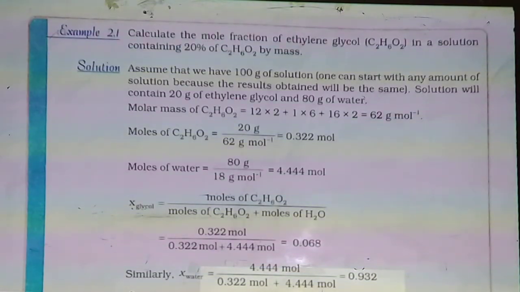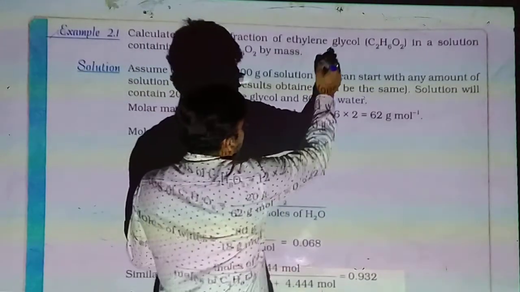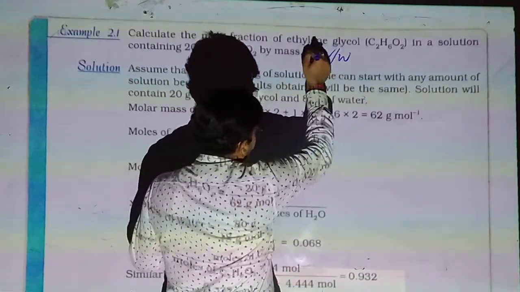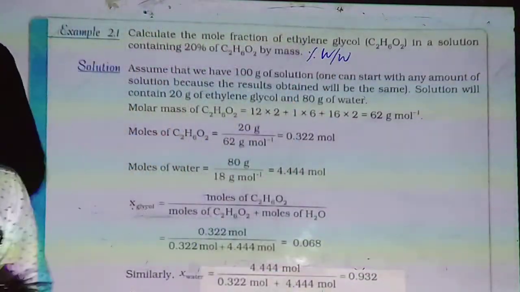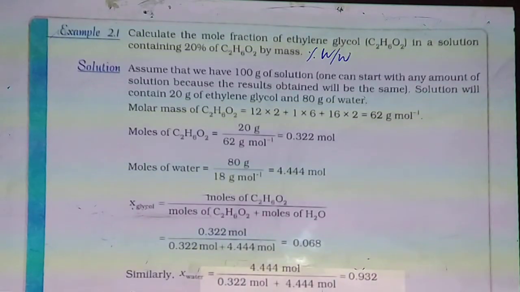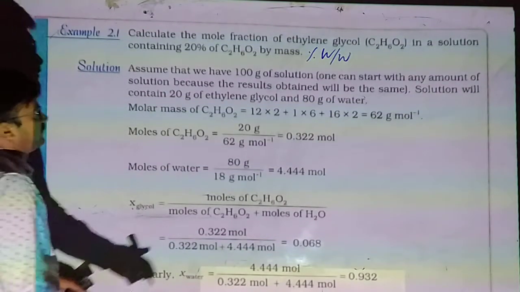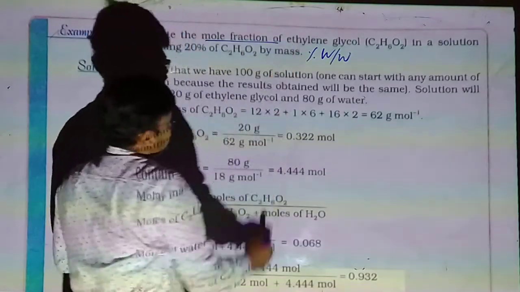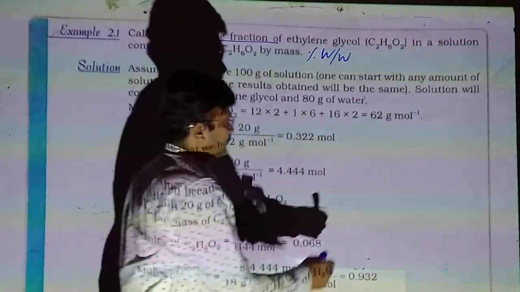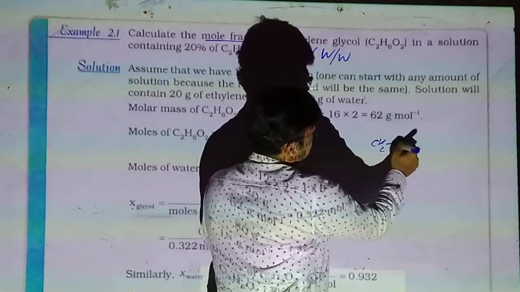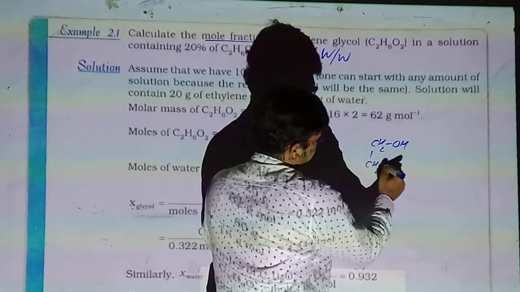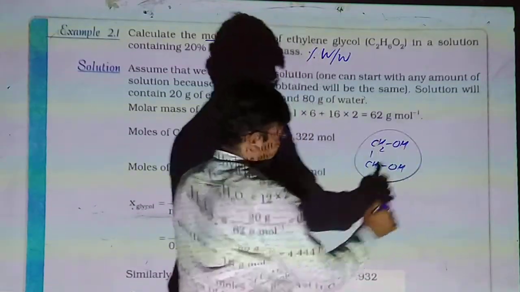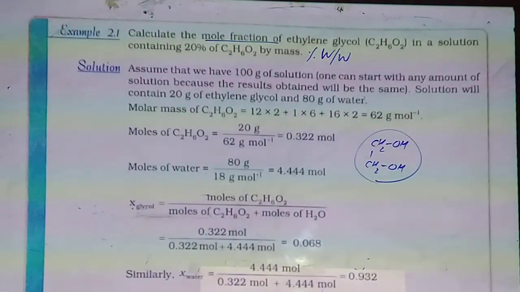Whenever the word by mass comes, it should be weight by weight, and percentage should be reference to 100. We have to derive the mole fraction of ethylene glycol. Ethylene glycol means CH2OH and CH2OH. It is ethylene glycol.